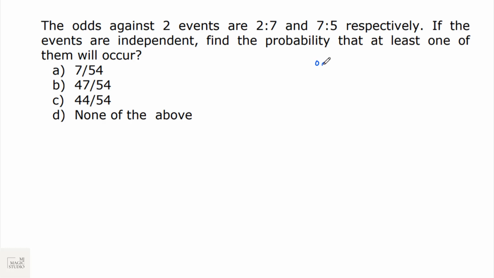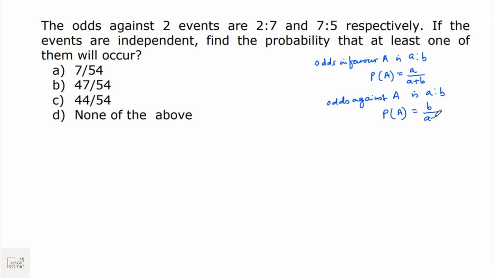Theory says if it is given that odds in favor of any event A is A to B, then probability of occurrence of A is given by A upon A plus B. And if odds against any event A is A to B, then probability of occurrence of that event is given by B upon A plus B. That is what we need to understand.